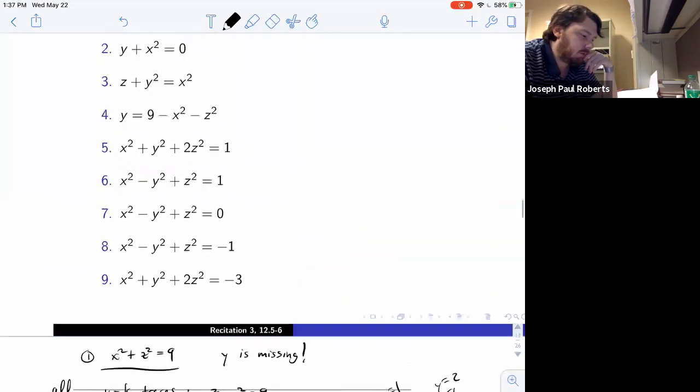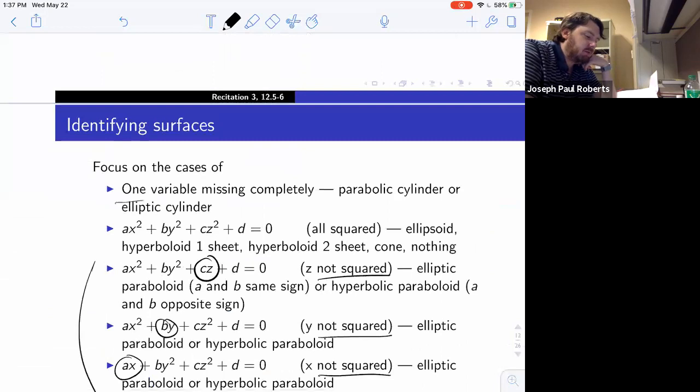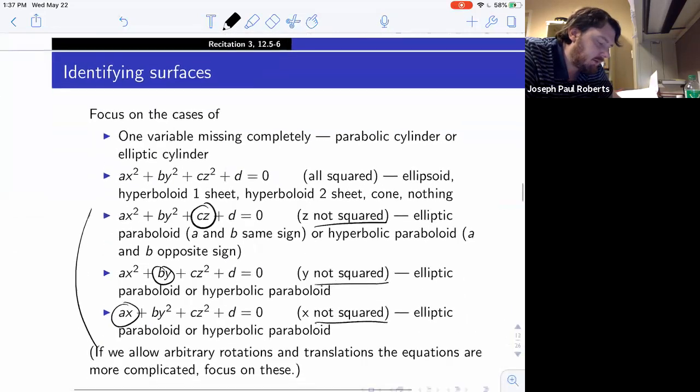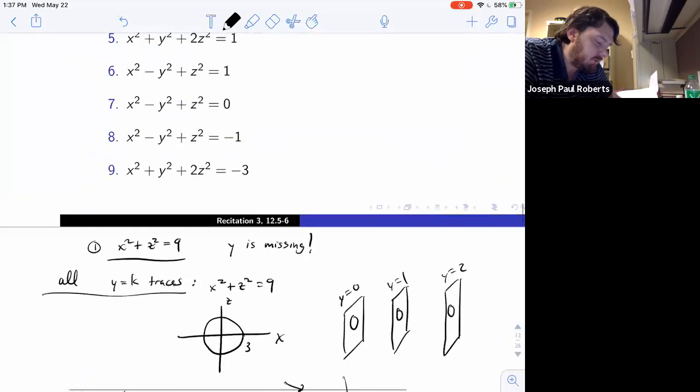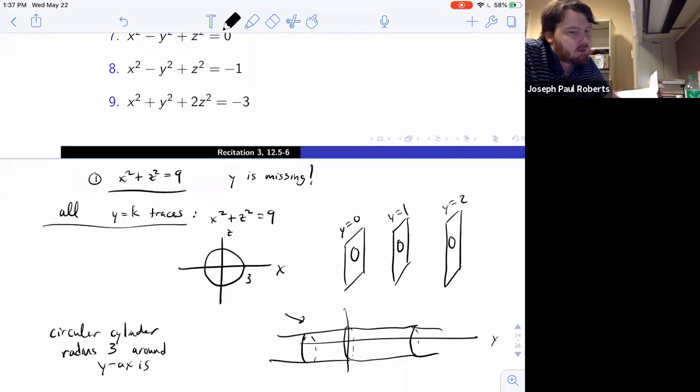So again, going back to the previous slide, when you have a completely missing variable, it's going to give you some kind of cylinder. To decide what kind of cylinder, you just look at what this cross-section is. If it's a circle, it's a circular cylinder. More generally, if it's an ellipse, we could call that an elliptic cylinder. You could squish that circle a little bit. But if I get something else like a parabola, that would be a parabolic cylinder.